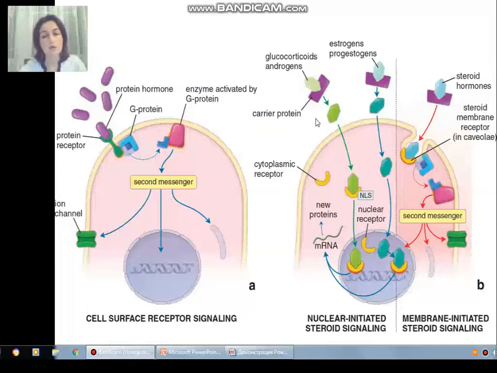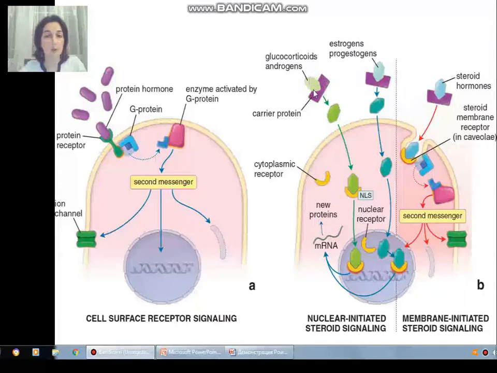And in the case of the hydrophobic hormones, which can pass through the cell membrane, for example glucocorticoids, androgens, these are steroid hormones, or in this case, estrogens and progesterone. These hormones circulate within the bloodstream via carrier proteins.